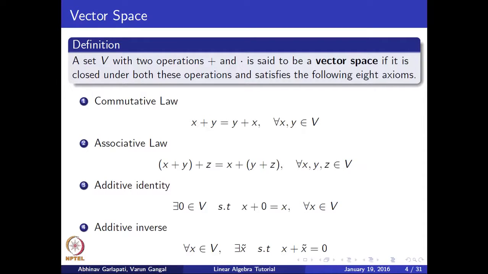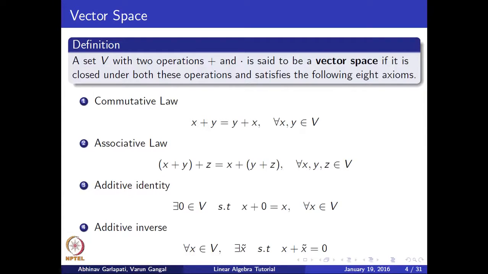The first one is the commutative law. It states that if you pick any two elements x and y from the set V, then x plus y equals y plus x. The associative law says that if you pick any triplet x, y, z from this set, then x plus y added together plus z is equal to x plus y plus z added together.